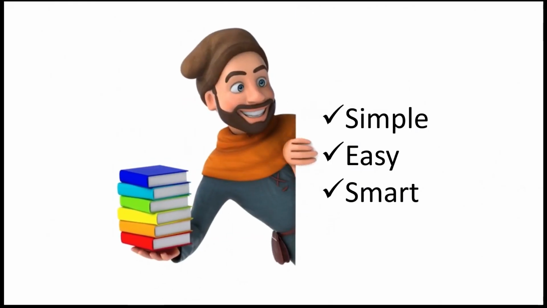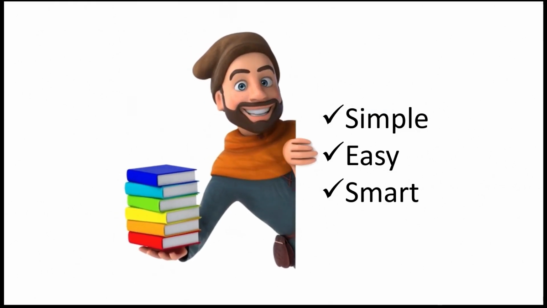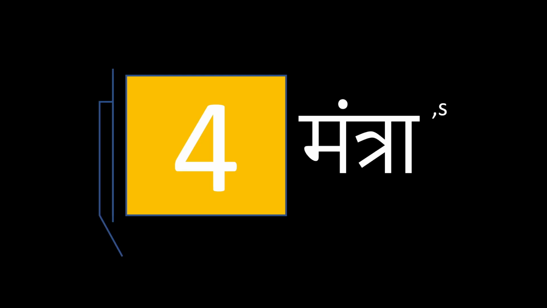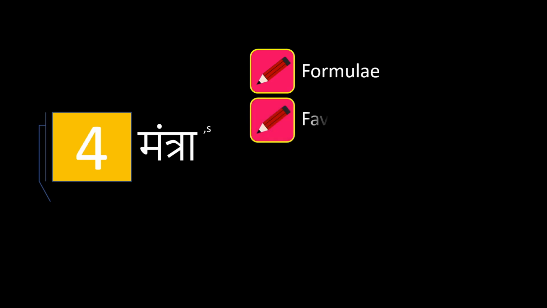So, my dear students, in this video we discussed simple, easy and smart 4 mantras which are going to help you to score minimum pass marks. And what are they? First one is write and revise your formulas of each and every chapter. Second mantra is select easy and simple topics from each and every chapter.